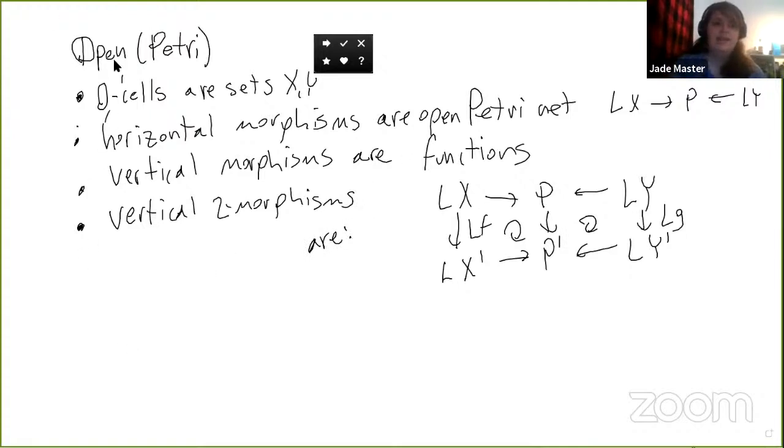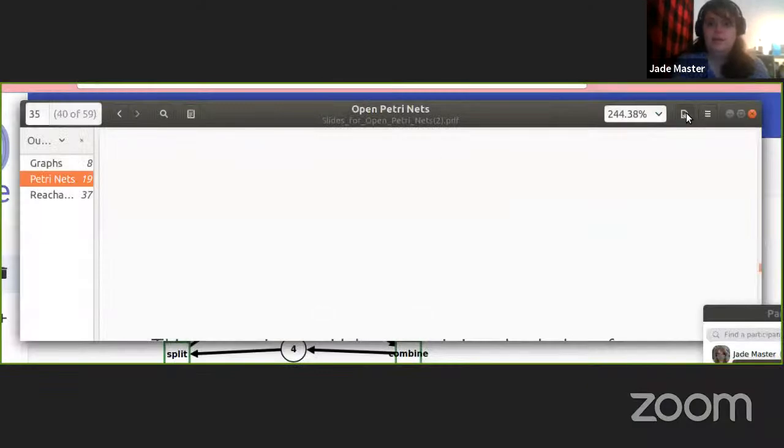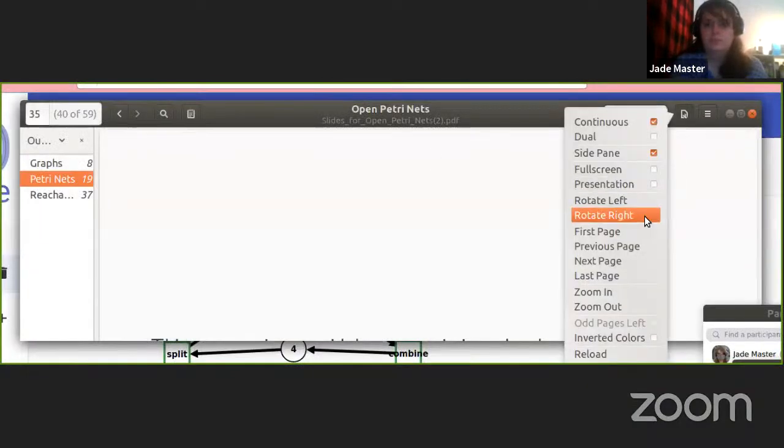And that's the double category open of Petri. Okay, I'm going to go back to my slides and make it full screen.